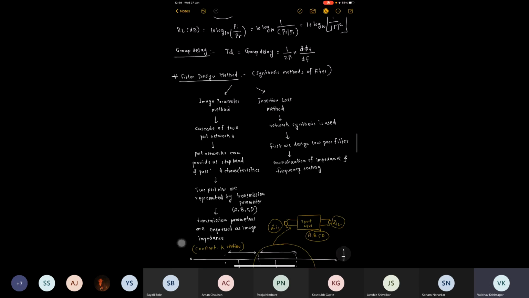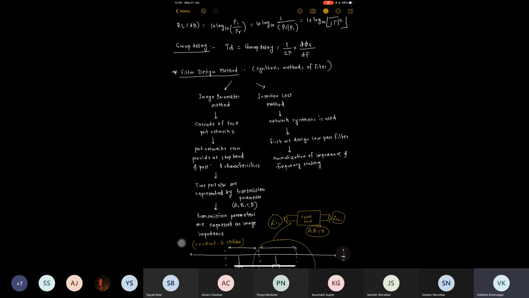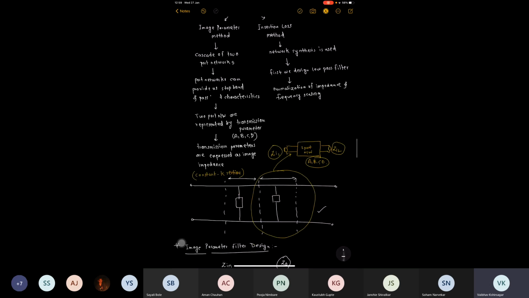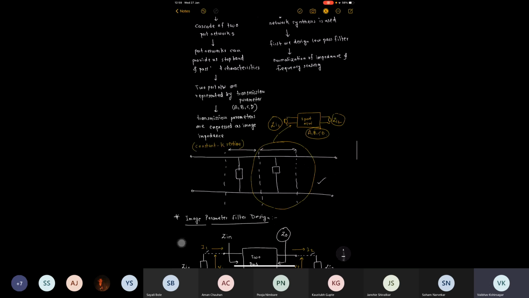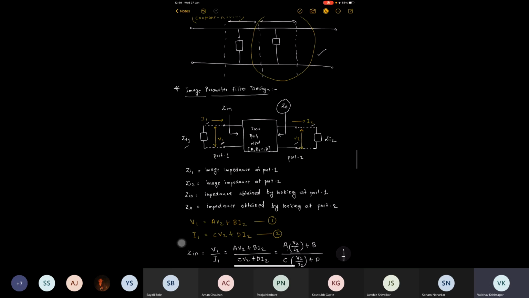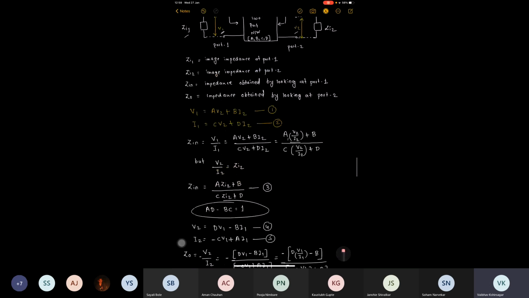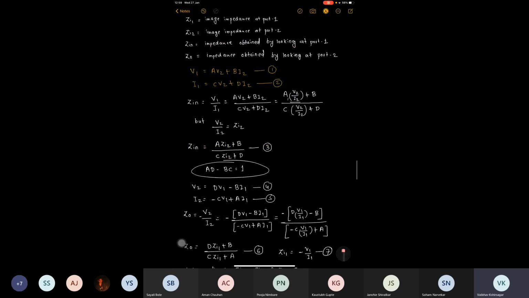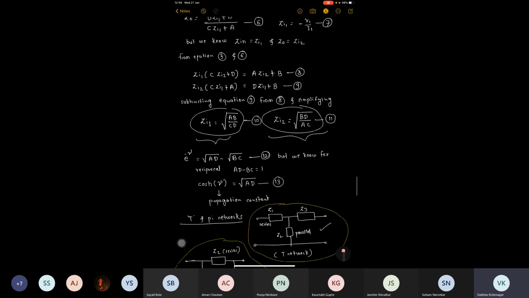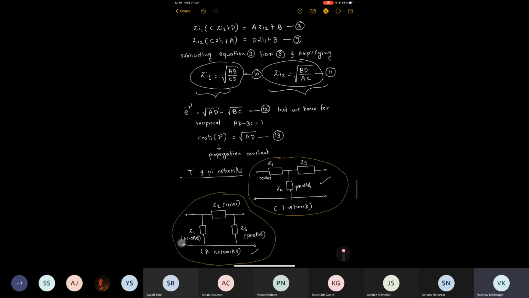And then we started with filter design methods. We saw and differentiated between two distinct methods: first the image parameter method and second the insertion loss method. And we just started implementing filters using the image parameter technique. Okay, so we explained the image parameter filter design principles in terms of transmission parameters and related image impedances to them.